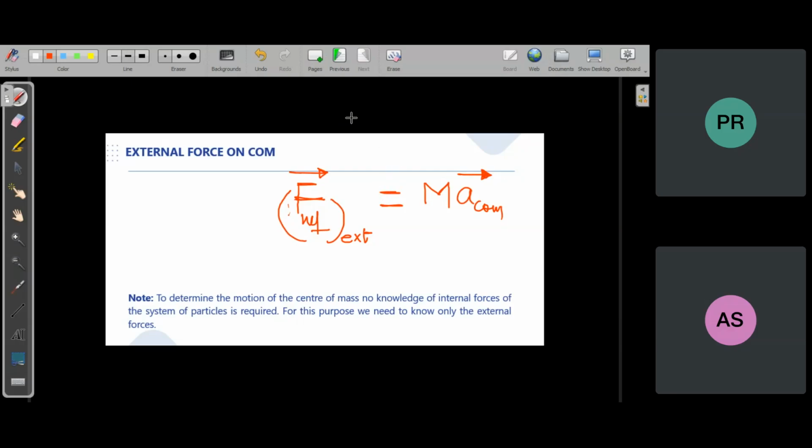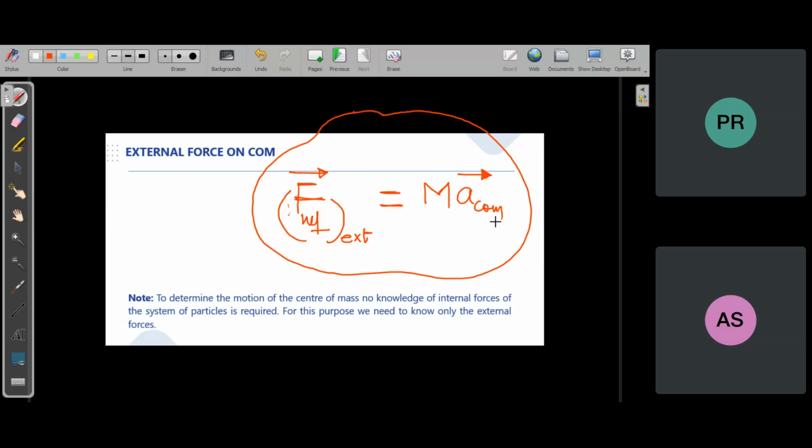If the net external force acting on the system is zero, the center of mass of the system cannot accelerate, but individual particles can accelerate. Even if the net external force on a system is zero, individual particles of the system can accelerate.